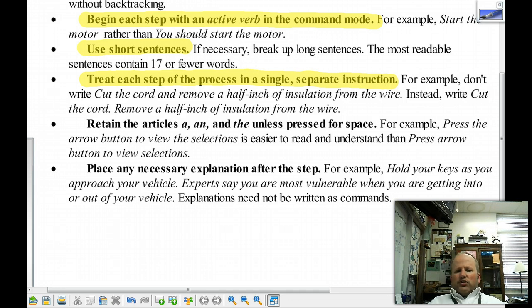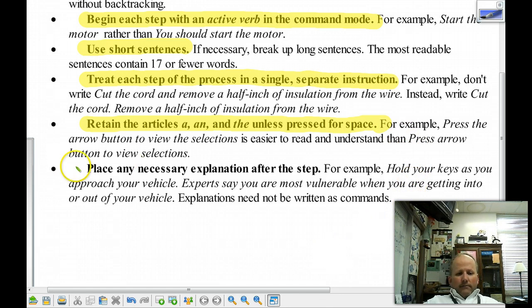That simple addition of the word the twice, because we have a the there and another one there, those 2 thes make that sentence easier to read. It is shorter, but it's also easier to read. So retain a, an, and the unless you really need the space.